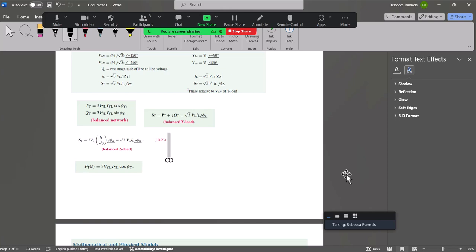It's going to be 3 I squared R. I'm not seeing that on here anywhere, but it's what you would get by combining. Is that I_L squared? It is I phase squared R.